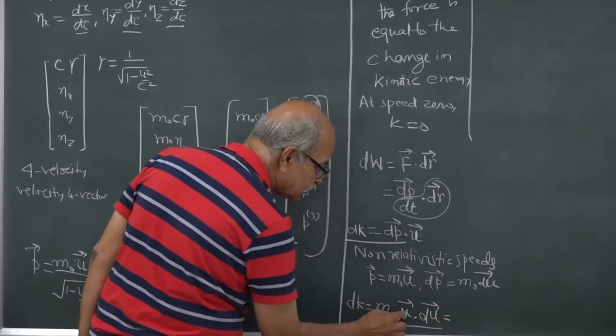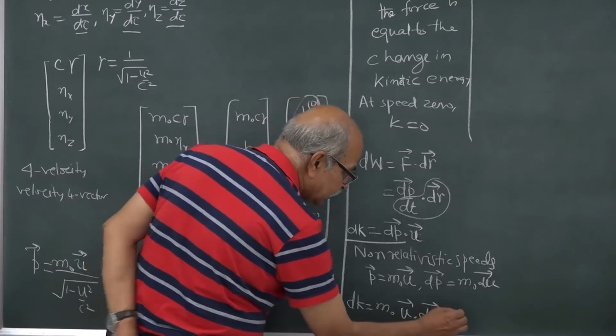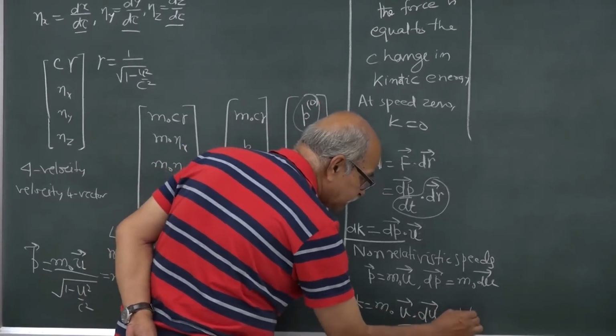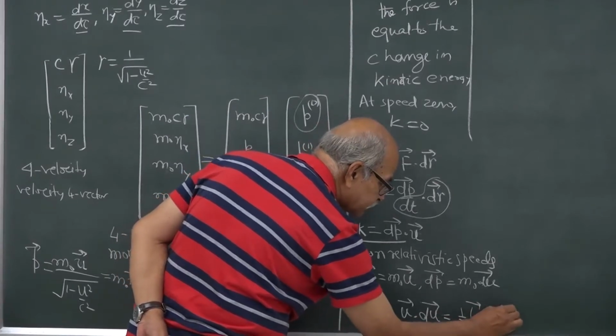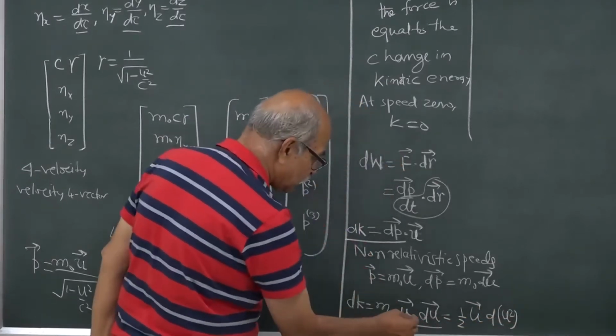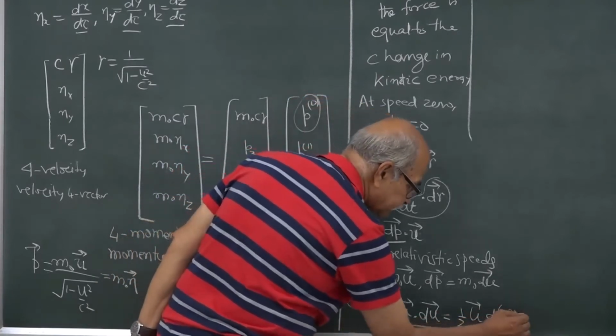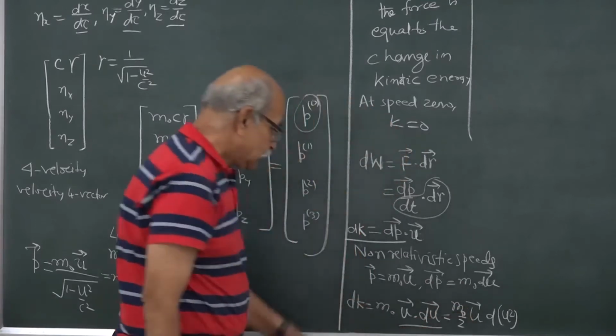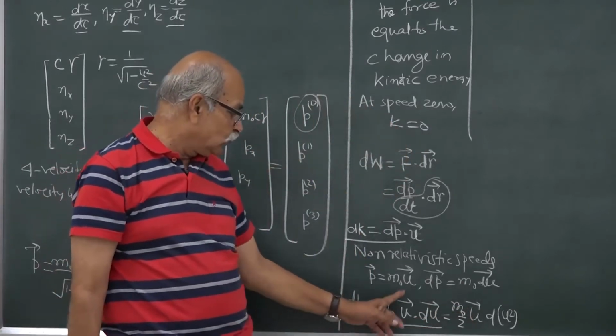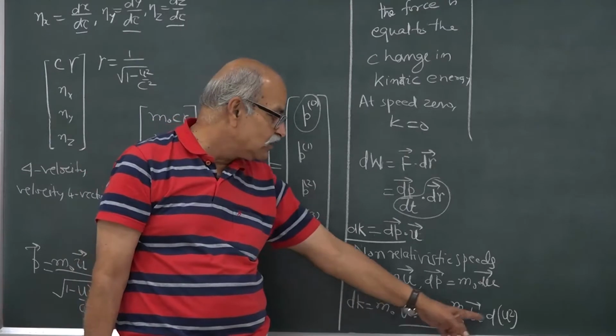And this quantity, this u dot du is half d of u square. So, let me write m naught here. So, m naught and then u dot du, that is half d of u square.